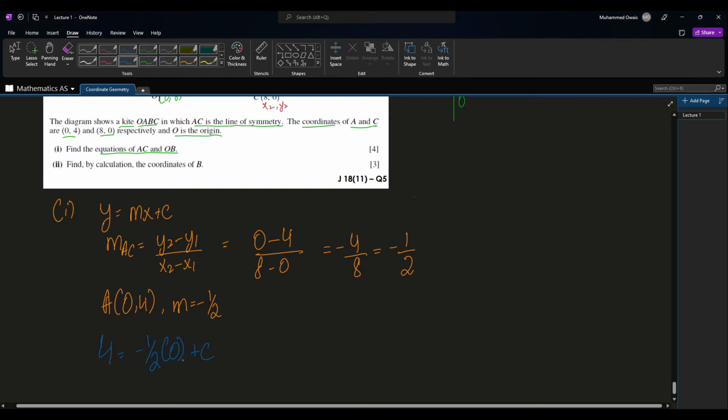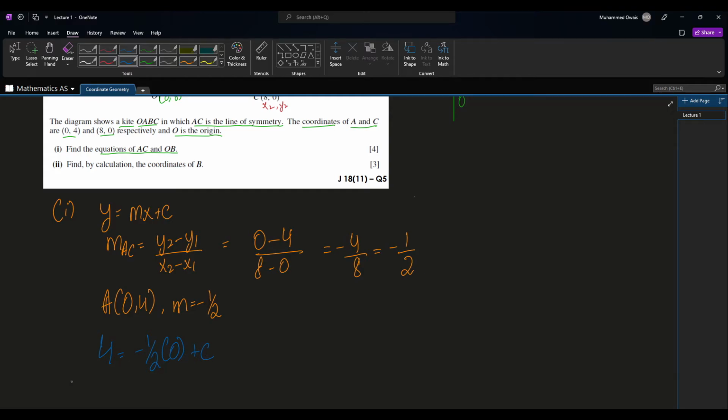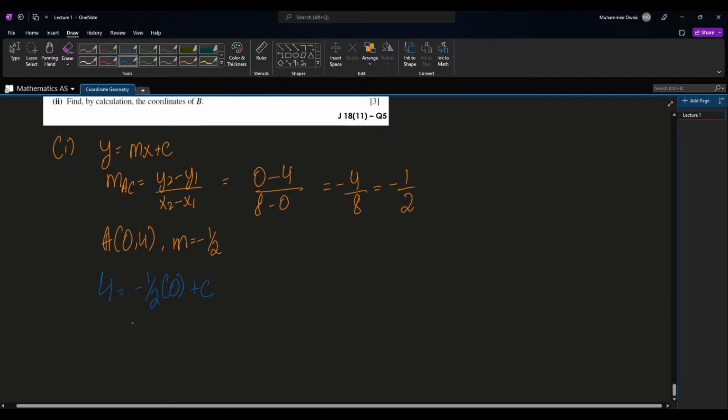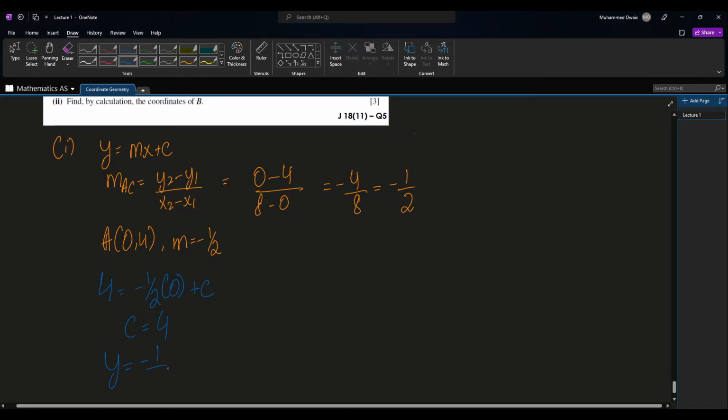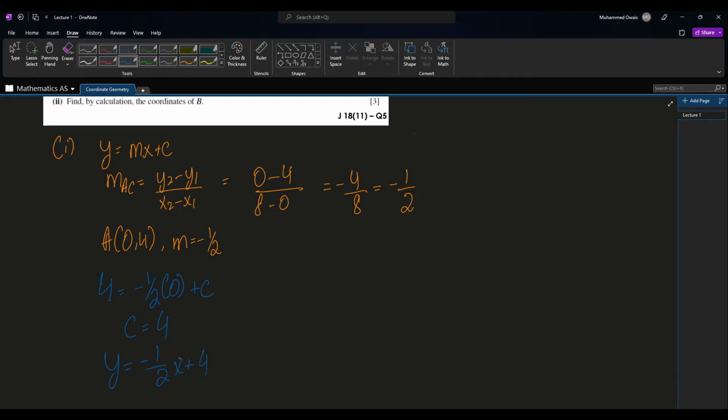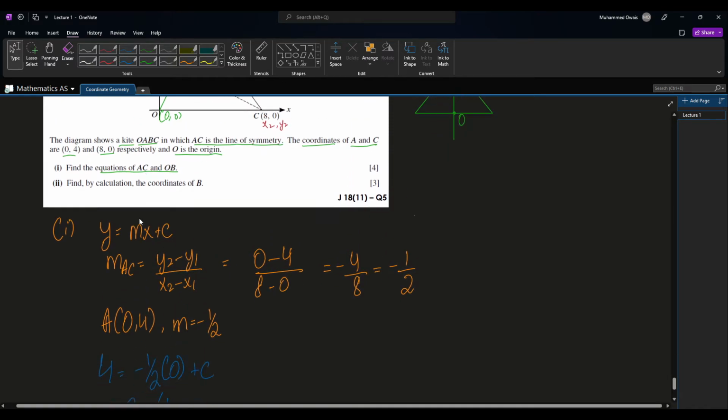So c is equal to 4 as this becomes 0. So the equation of the line AC is y equals minus 1 over 2 x plus 4.